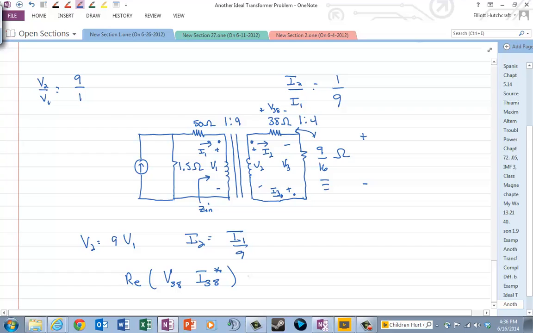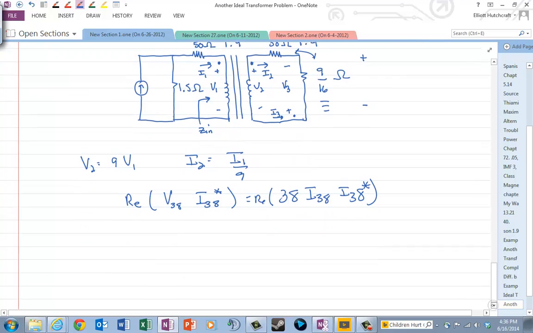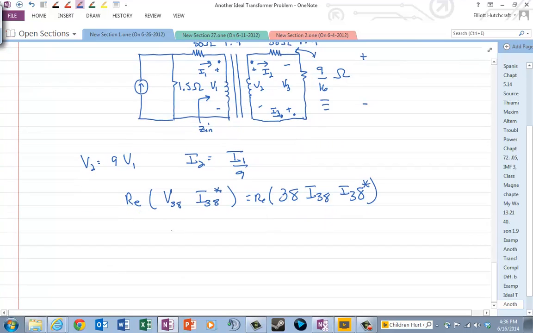Well, V38 is just 38 ohms times I38, so resistance times current, times I38 conjugate. You need to take the real part of that again. Well, I38 conjugate times I38 is just 38 times the magnitude of I38 squared, and that magnitude squared, again, is just like the case up here.